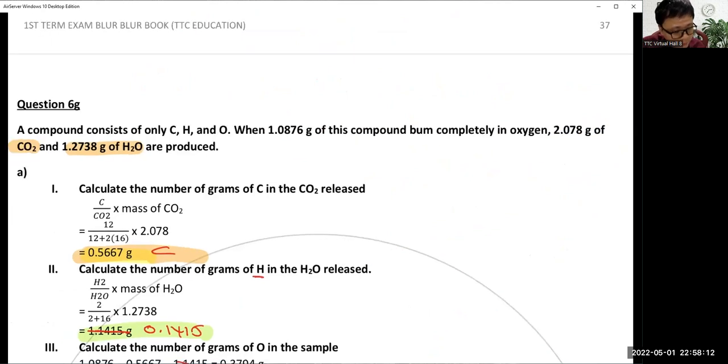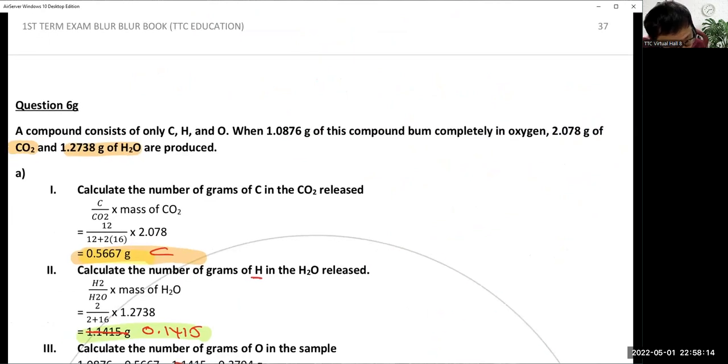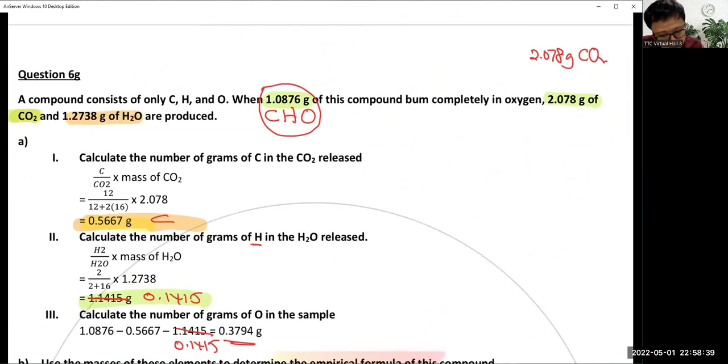Okay, we still do a conclusion. In this compound, we have C, we have H, we have O. Then when you burn completely in oxygen, you will get 2.078 of carbon dioxide gas. Out of this carbon dioxide gas, inside there is 0.5677 gram of carbon.